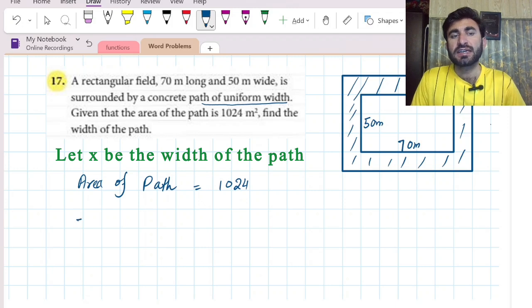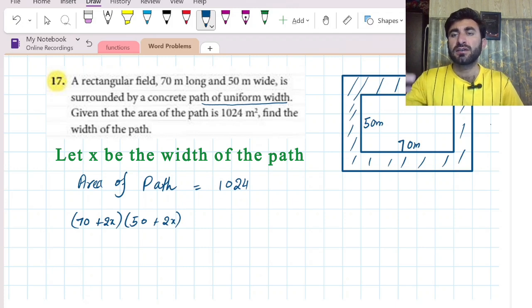It will be 70 plus 2x because it surrounds on both sides, and then multiply to its width will be 50 plus 2x because 50 was the width of rectangular field and it is on both sides, it is surrounded by the concrete path of x width, and then we subtract the area of field from it, which is 70 times 50, because we know the formula for area of rectangle is its length multiplied to width, so it's 1024 on the right hand side.